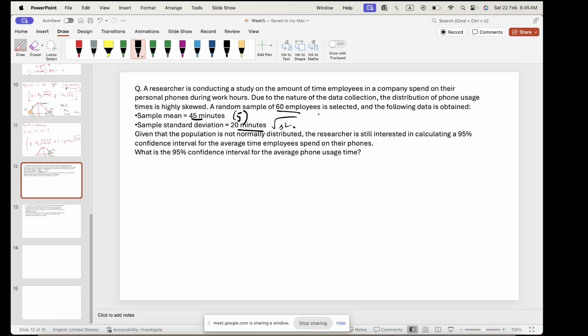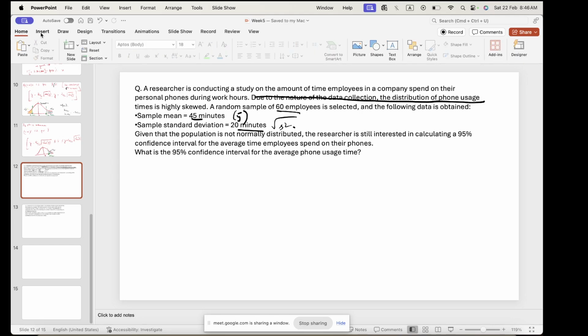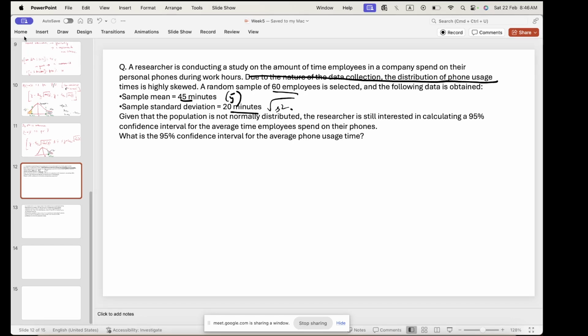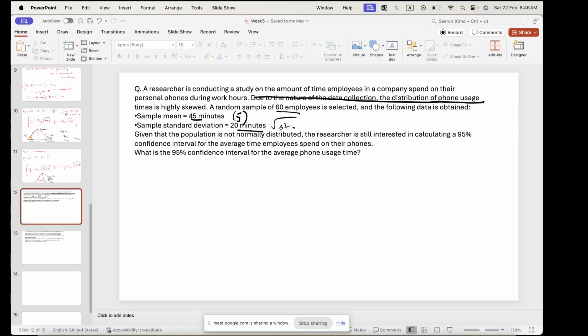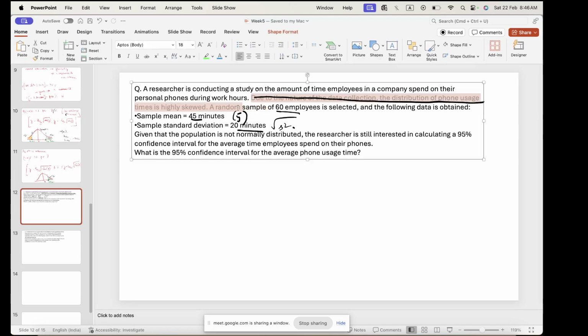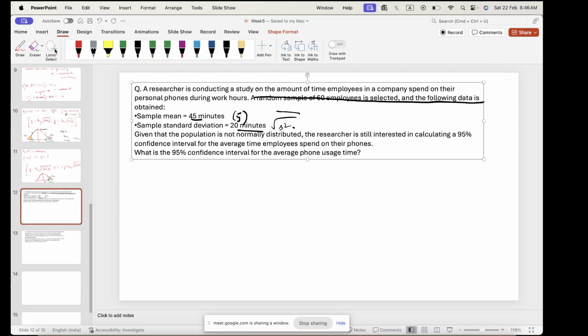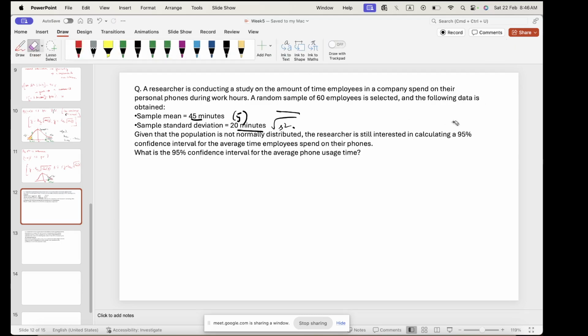So just imagine for the time being, don't consider these lines. Suppose let us assume everything is normal and things like that. So a random sample actually means sample with replacement.